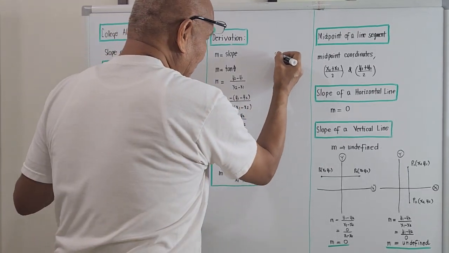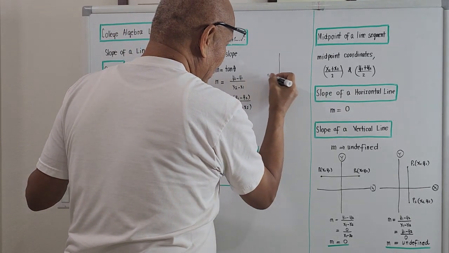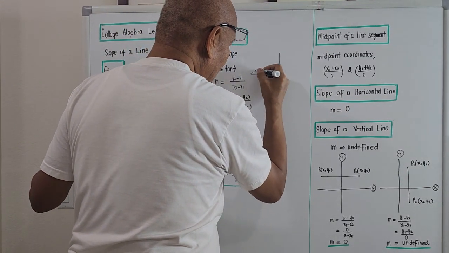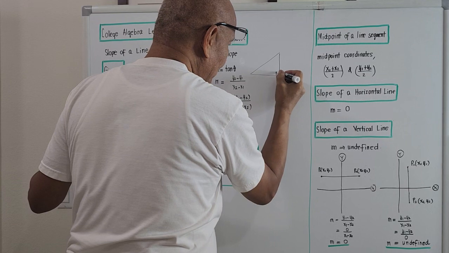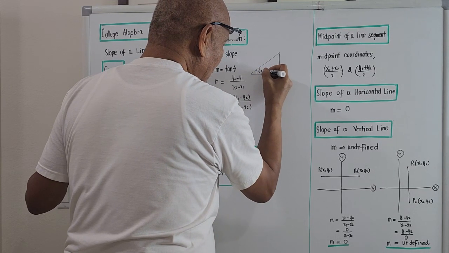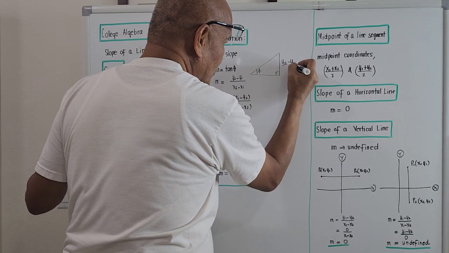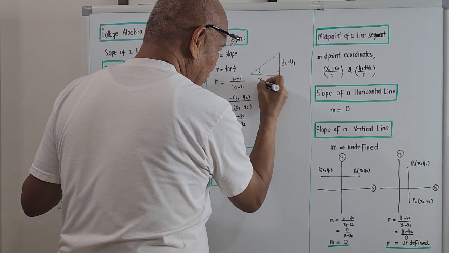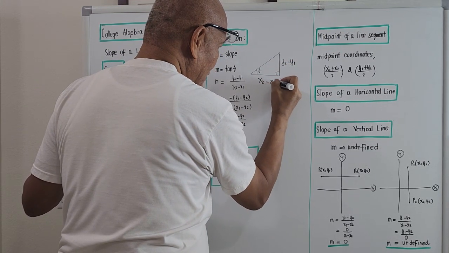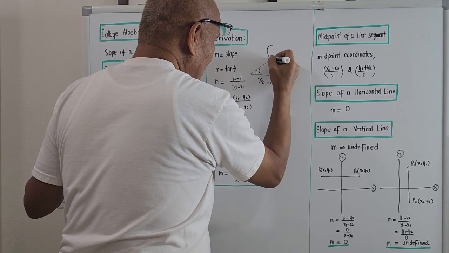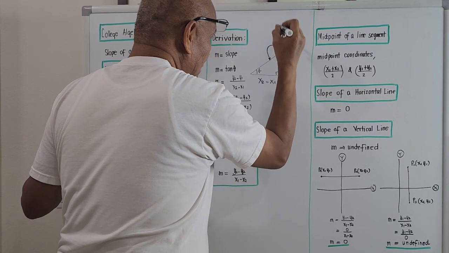So it seems, excuse me, we are given a right triangle. It's something like this. This will be theta. This is y sub 2 minus y sub 1. This is x sub 2 minus x sub 1. This is the line segment, right?